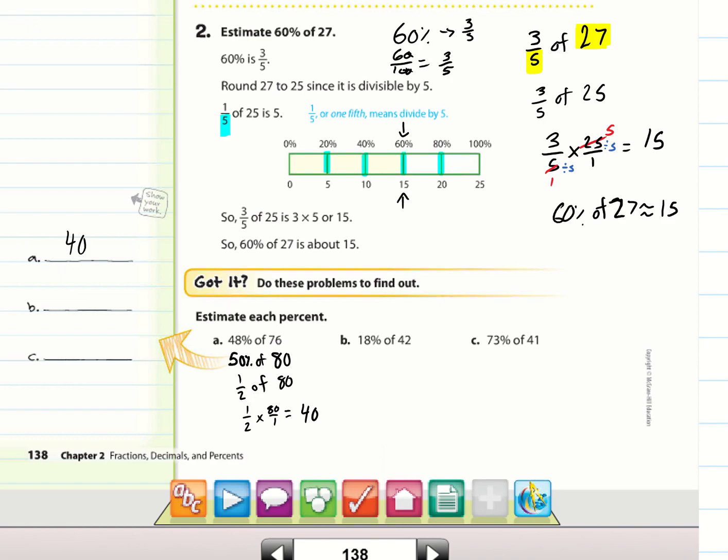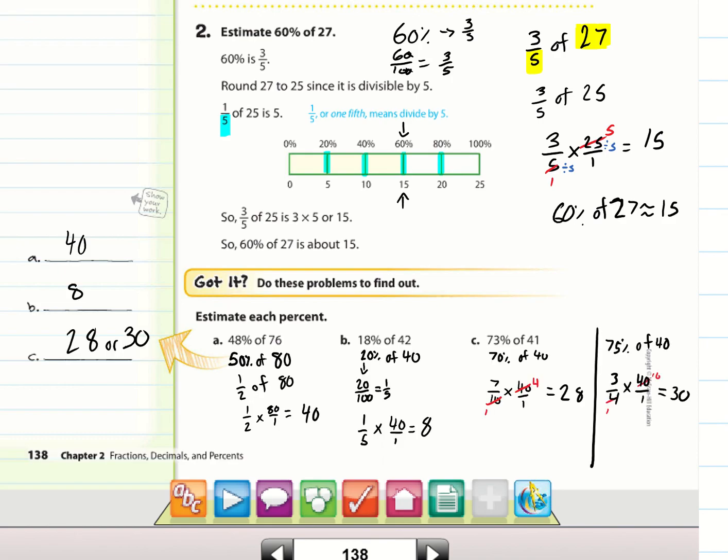So go ahead and try B and C. Just remember to estimate, you want to estimate to compatible numbers. Alright, so for B, I did 18% is close to 20%. So 20% as a fraction is 20 over 100 is going to equal 1 over 5. And 42, I changed that to 40 because that's a compatible number with my 5 down here.